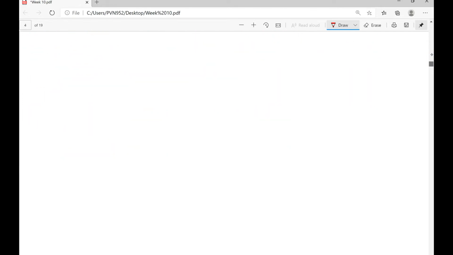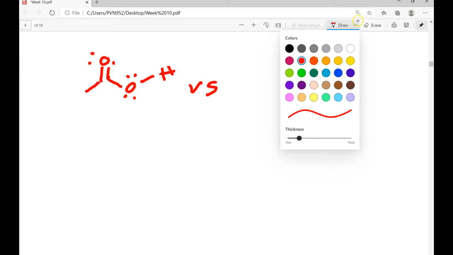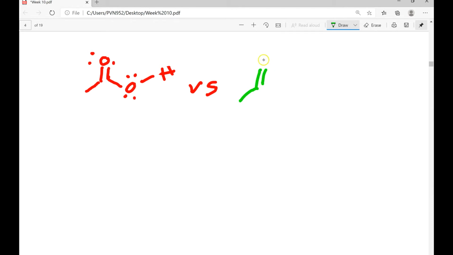A classic example of an inductive effect versus acidity is when you compare things like, let's say we have acetic acid. Let's compare that to trifluoroacetic acid. Keep losing my lone pairs.